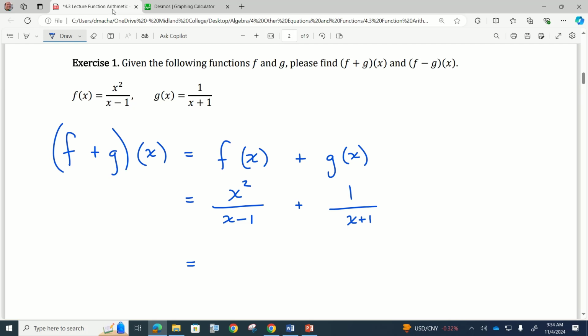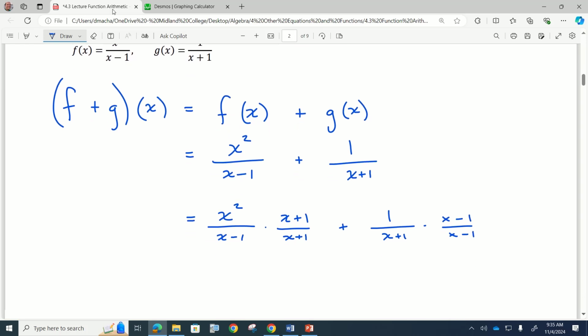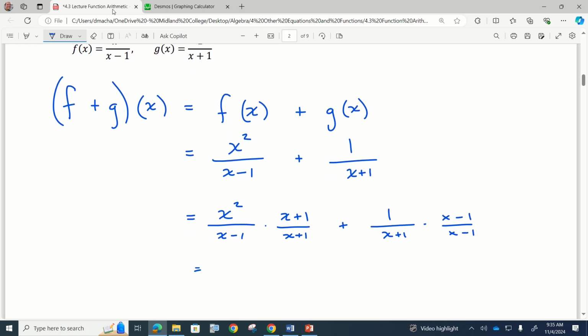So you find a common denominator by multiplying this by x plus 1 over x plus 1, and multiplying this one by x minus 1 over x minus 1. And this becomes x cubed plus x squared plus x minus 1 over x squared minus 1.